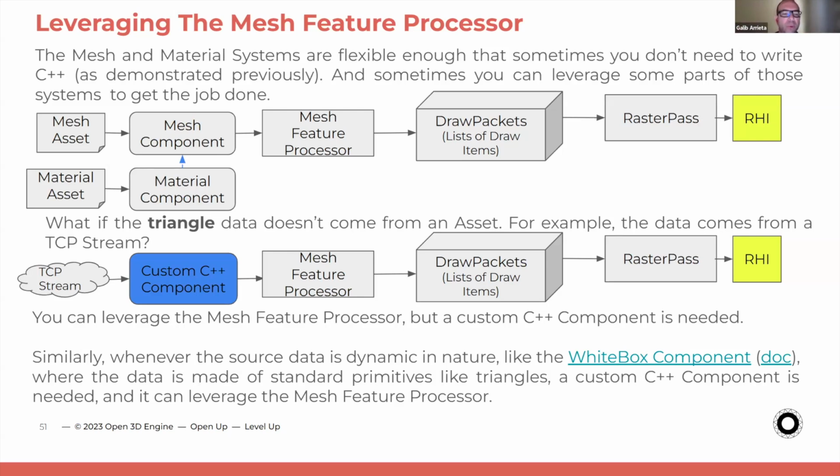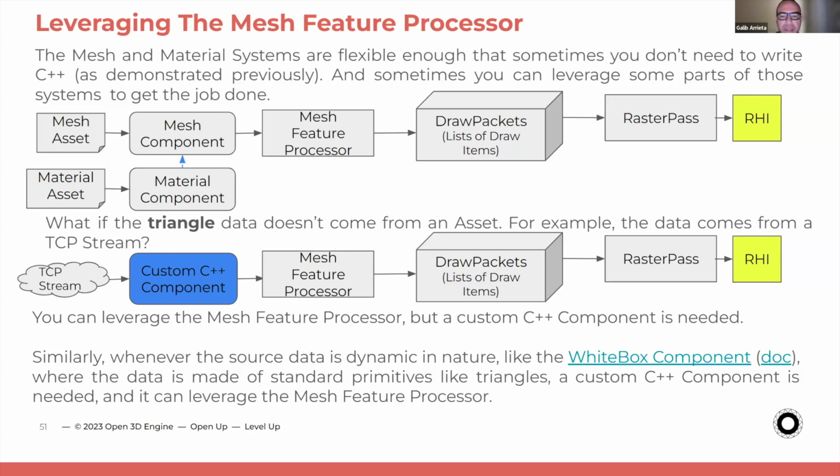Of course, you will have to create a custom C++ component to convert all of that TCP data into mesh data that the mesh feature processor can consume. So that's another interesting case where you will have to write C++, but in this case you're just writing C++ code and there is no shader code to write, while leveraging the mesh feature processor.